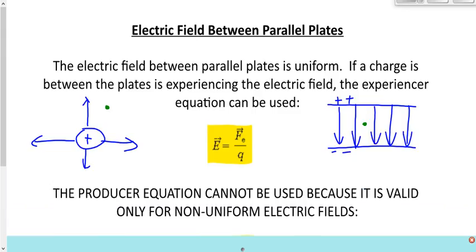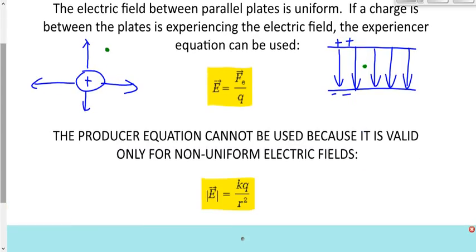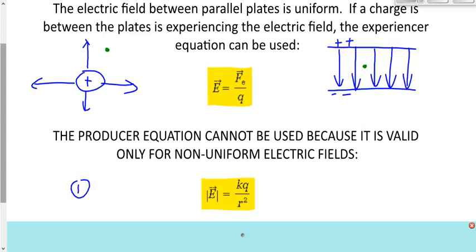If, however, we look at the second equation that we learned last week, that's the producer equation, it's valid here. We've got a producer that produces a non-uniform electric field. But what about here?